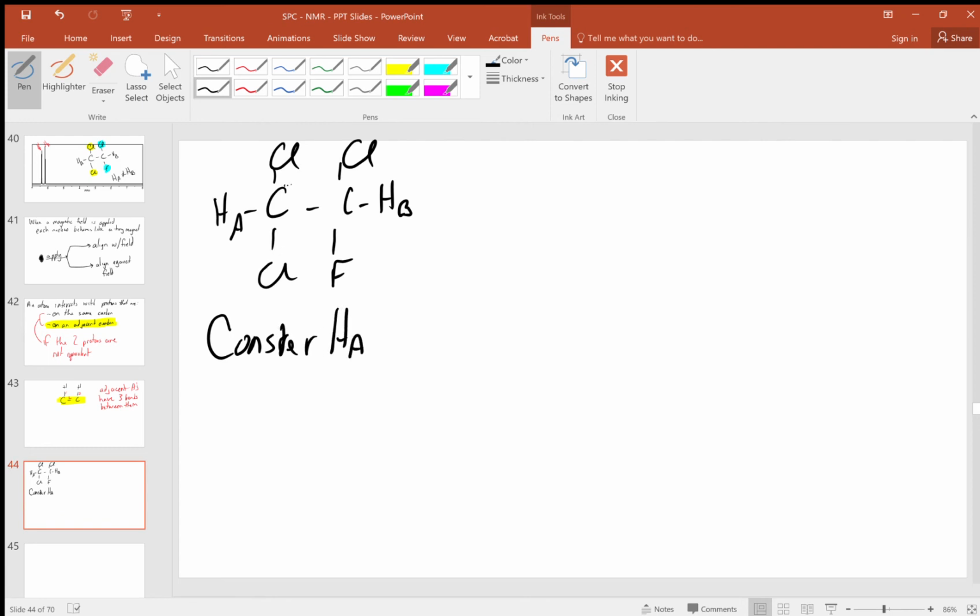HA is influenced by any adjacent hydrogens, which is, in this case, HB. Now what can HB do? HB can align with the magnetic field.